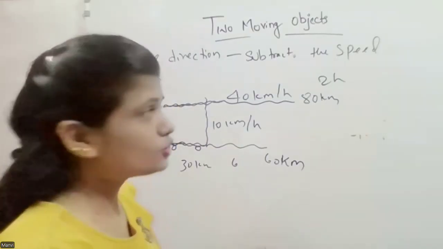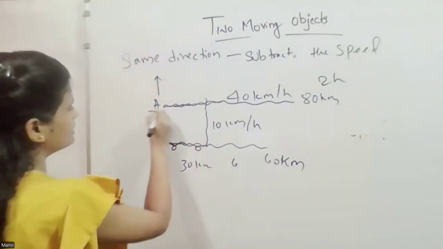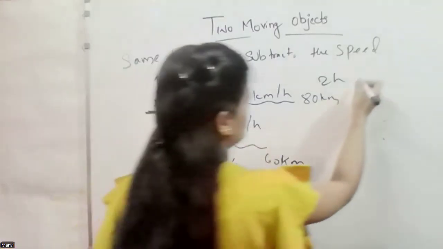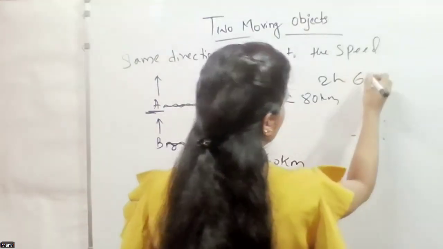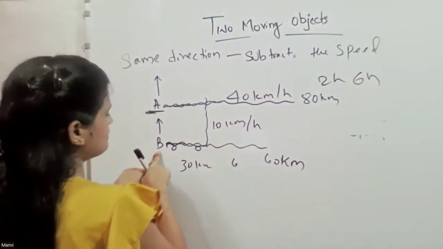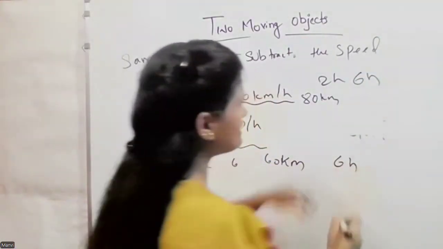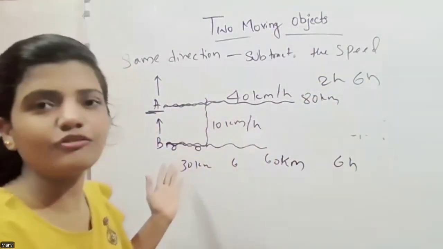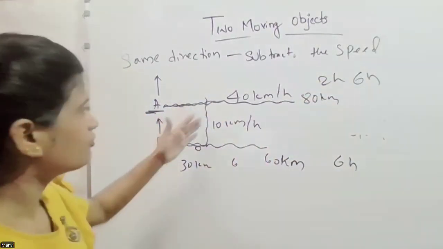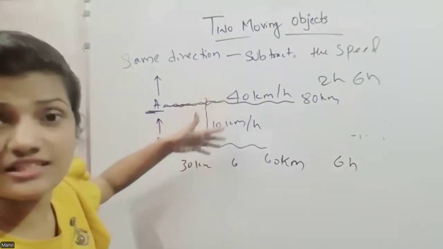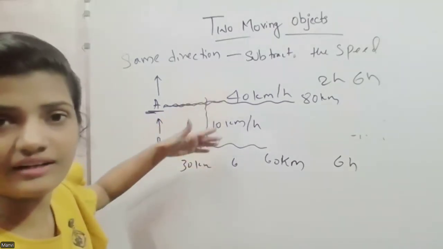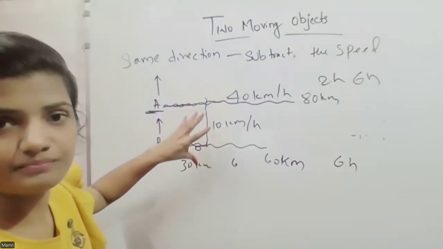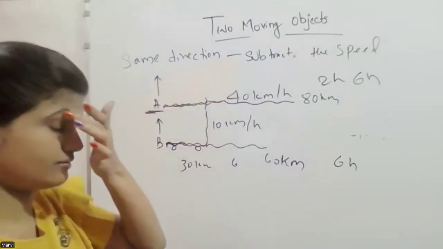So you don't need to calculate the distance traveled by A in 6 hours, then the distance traveled by B in 6 hours, then subtract. No, not like that. In the beginning itself, what you need to do? You need to find out the difference of the speed. That's why we are subtracting.